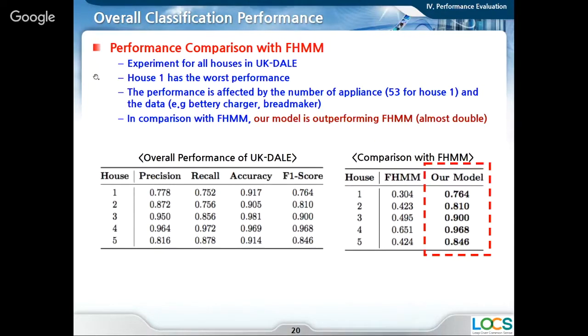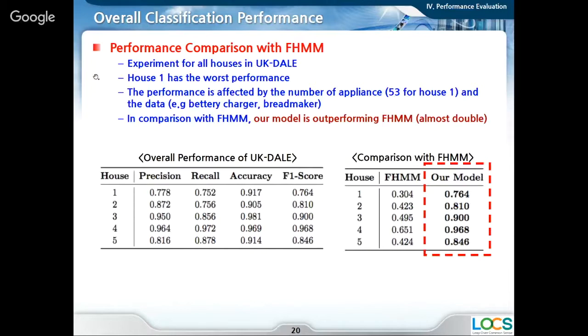So for overall performance, we experimented on all houses in UK-DALE, and the left table shows the overall performance of our models. Except for house one, which has 53 appliances, in the rest of the cases we were satisfied with the result.